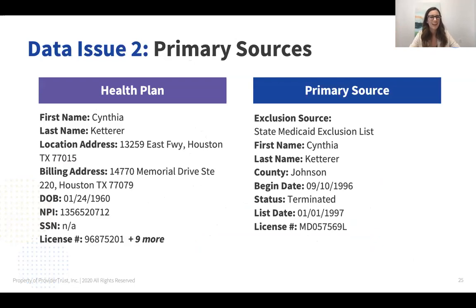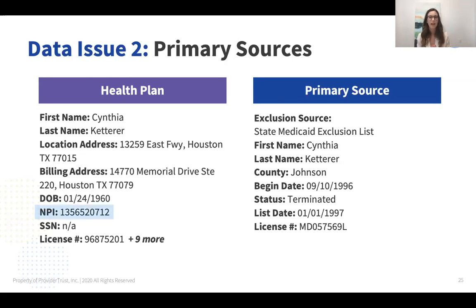Let's dive down to a little bit deeper level here and look at some of the challenges of really getting this insight about these non-PARs. So what we have here is a sample record from a health plan on the left. And this is actually a pretty robust record for a non-PAR. As you can see, we have an MPI number there.